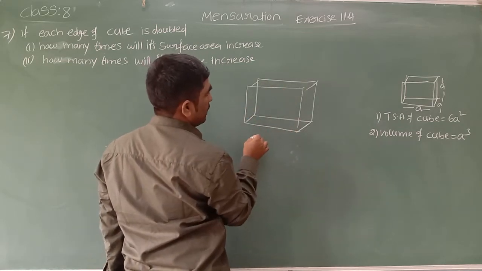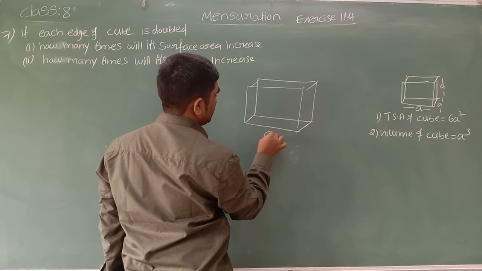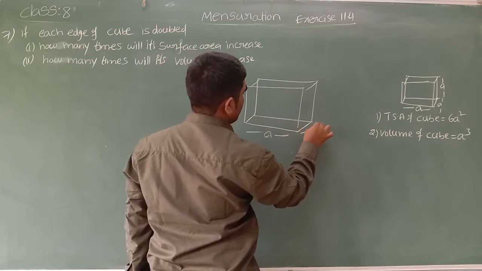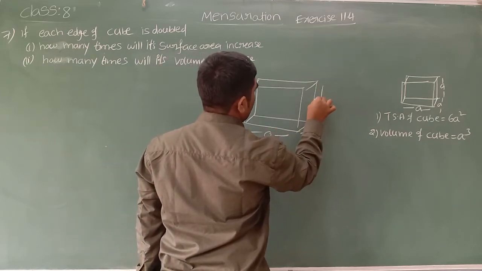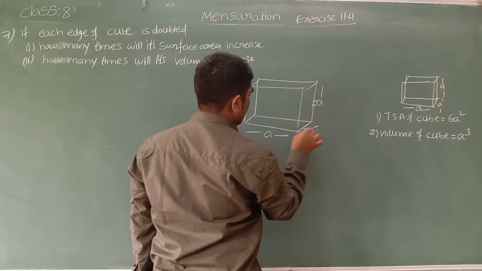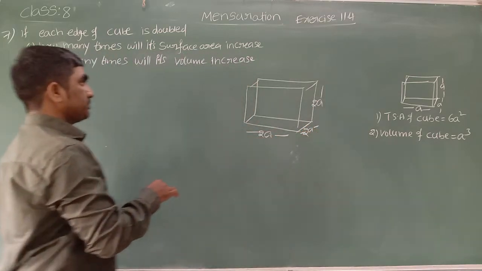Now here length is a, breadth also a, height also 2a, sorry, here 2a, here also 2a.